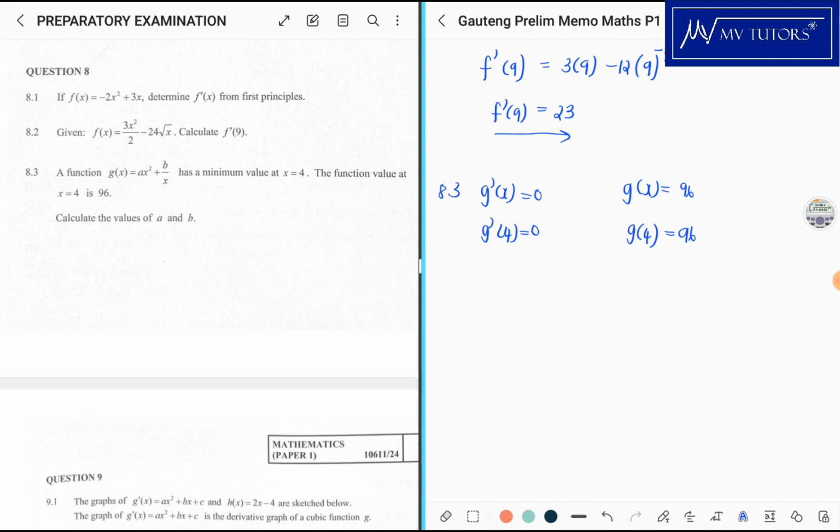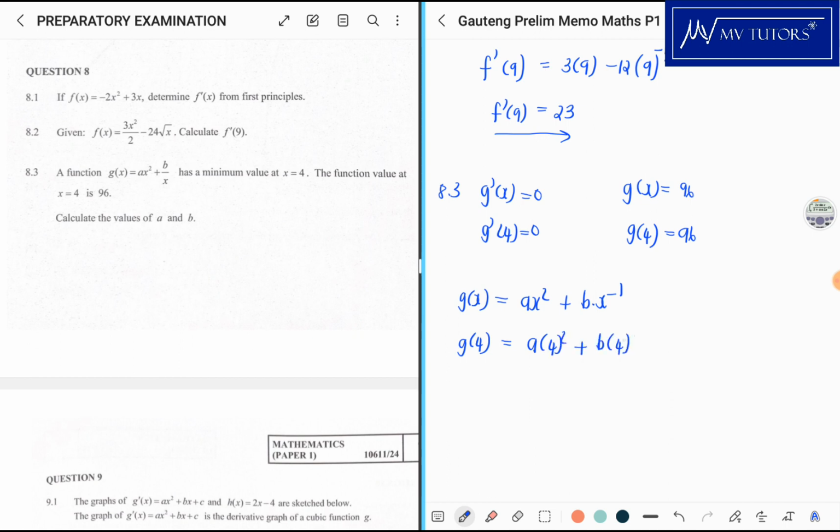Firstly, let us just get g of x. So g of x is ax squared plus b times x to the power minus 1. Let's put 4 there. So g of 4, I have a times 4 squared plus b times 4 to the minus 1, and that is 96.